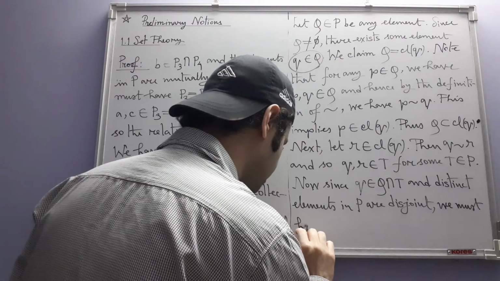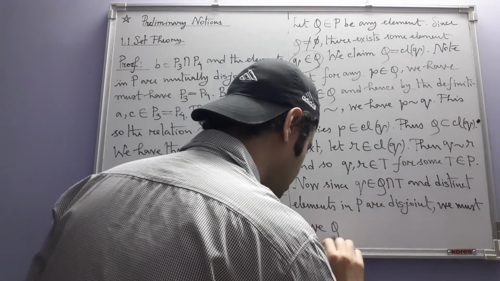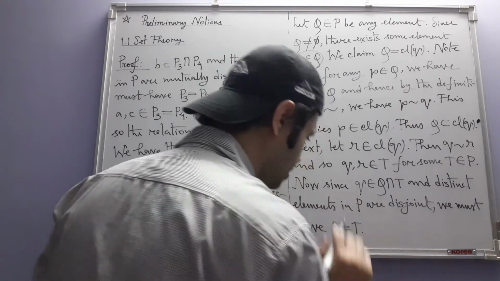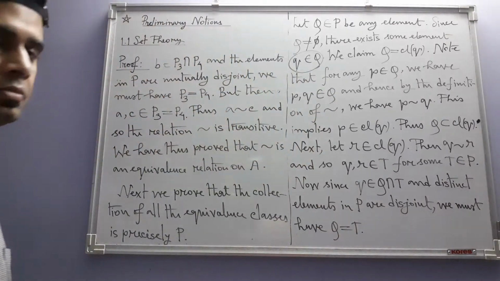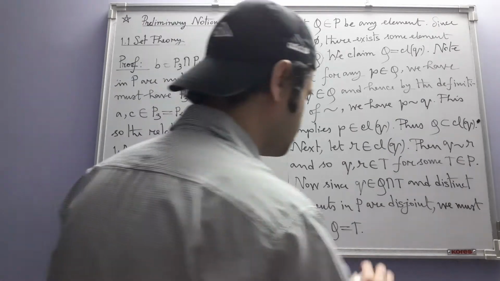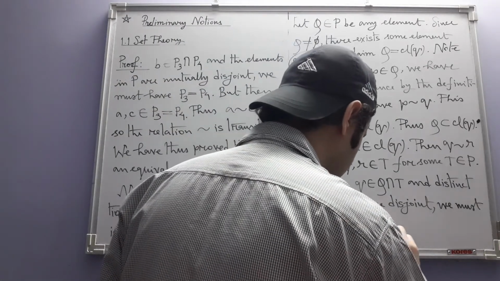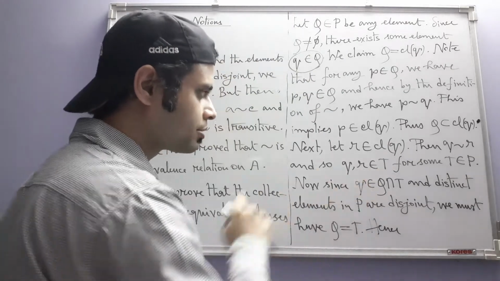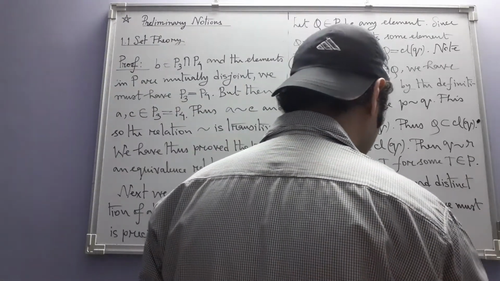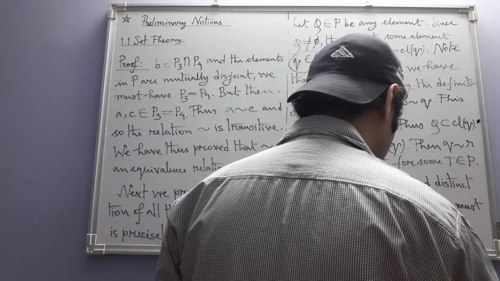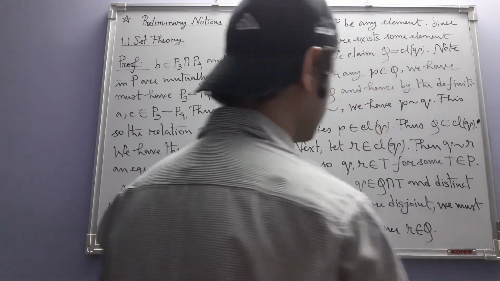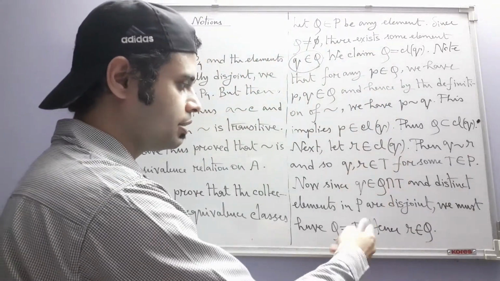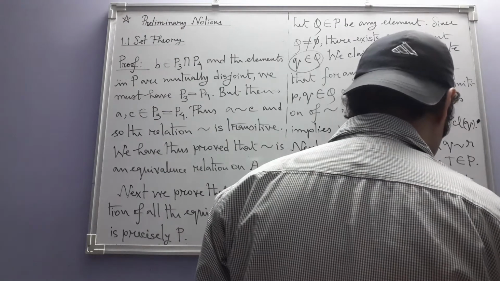We must have Q is equal to T. Okay. Hence, so that means what? You see, r belongs to T. So now we have r belongs to Q. So any element in class of q is contained in Q.